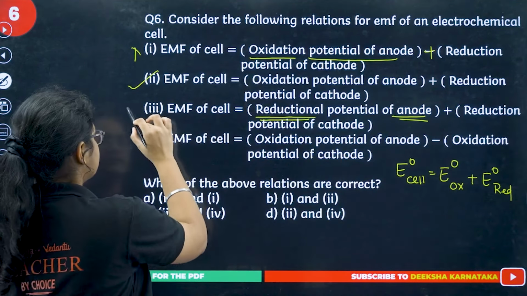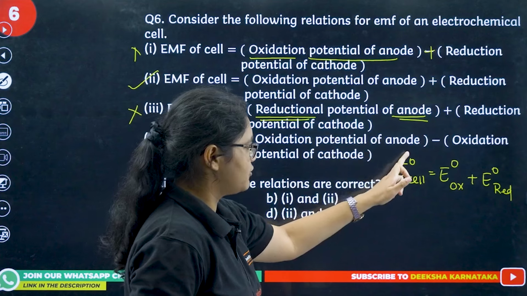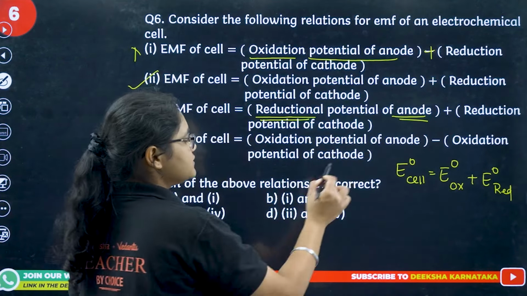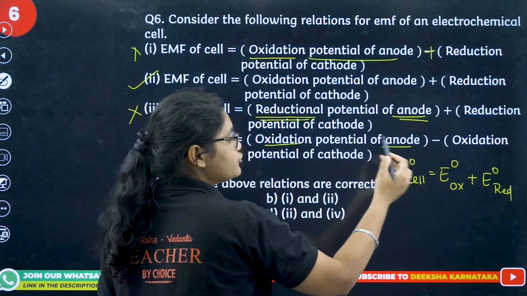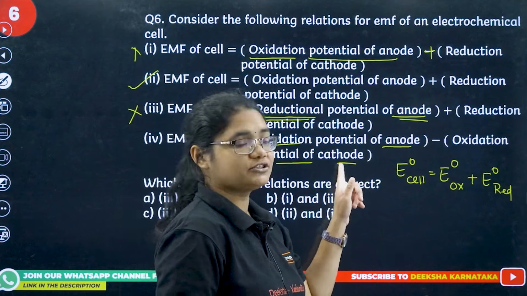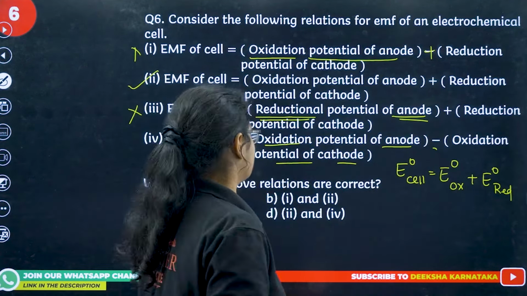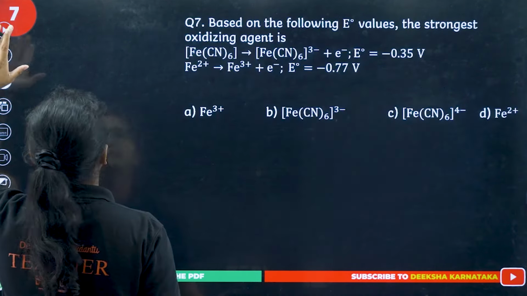So this statement is also wrong. E naught of the cell is equal to oxidation potential of anode minus oxidation potential of cathode. Yes, the anode undergoes oxidation, so you take the oxidation potential of anode, and for the cathode you should have the reduction potential. But if you are taking the oxidation potential of cathode, where reduction takes place, then the sign should change. So this is also correct. So I have 2 and 4, which is option number D.